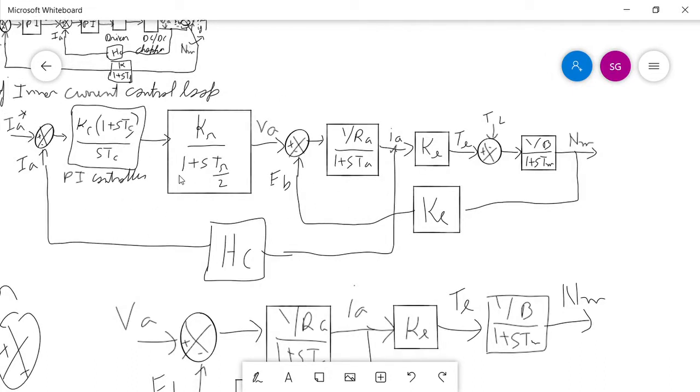We can reduce it in terms of just two variables, 1 plus STr by 2 and 1 plus ST1.